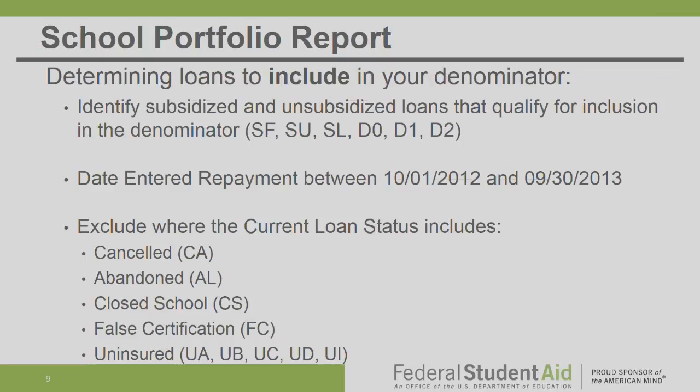False certifications are also excluded, as well as loans that have lost their insurance, which applies only to commercial FFEL loans, not direct loans. As we filter out all the loans we don't want in our denominator, these are the loans we do want to include in our denominator.